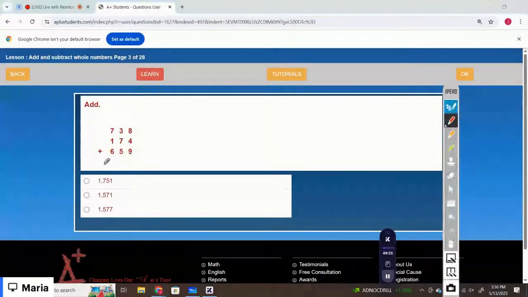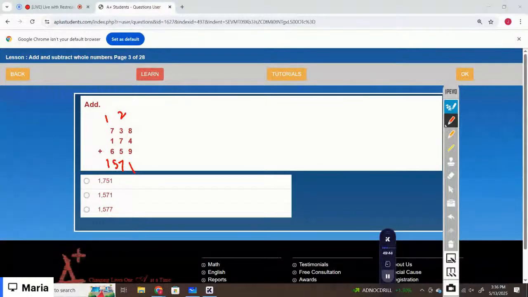Write 1 and carry 2. 7, 8, 9, 10, 5, 15 and 2, 17. Write 7 and carry 1. And 7, 14 and 1, 15. That is 1571.